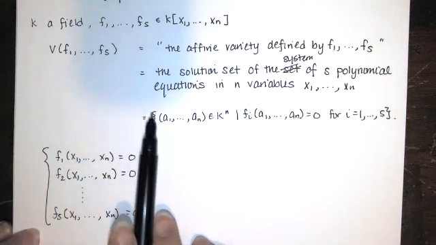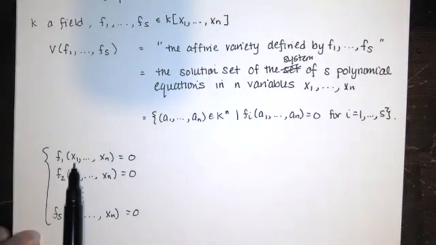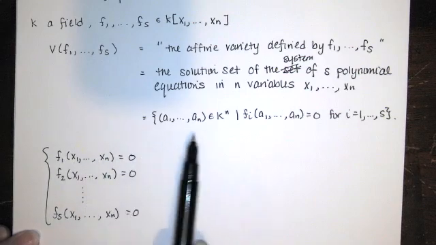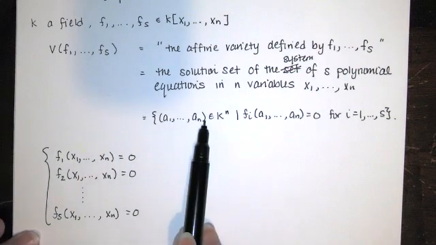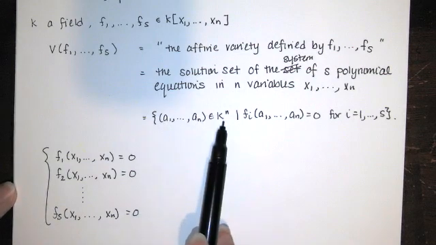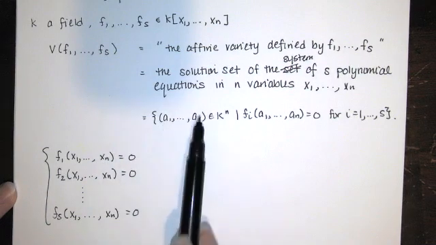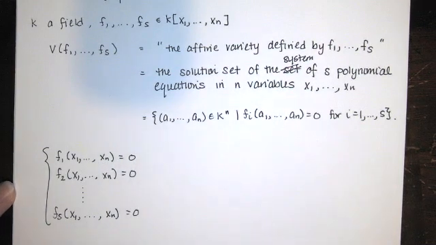Now, just by definition, as you go from here to here, this is a set of points in n-dimensional affine space. a sub 1 through a sub n are just specific values from that field K. And if we take those points and we substitute them in here, we get 0 for all of them.